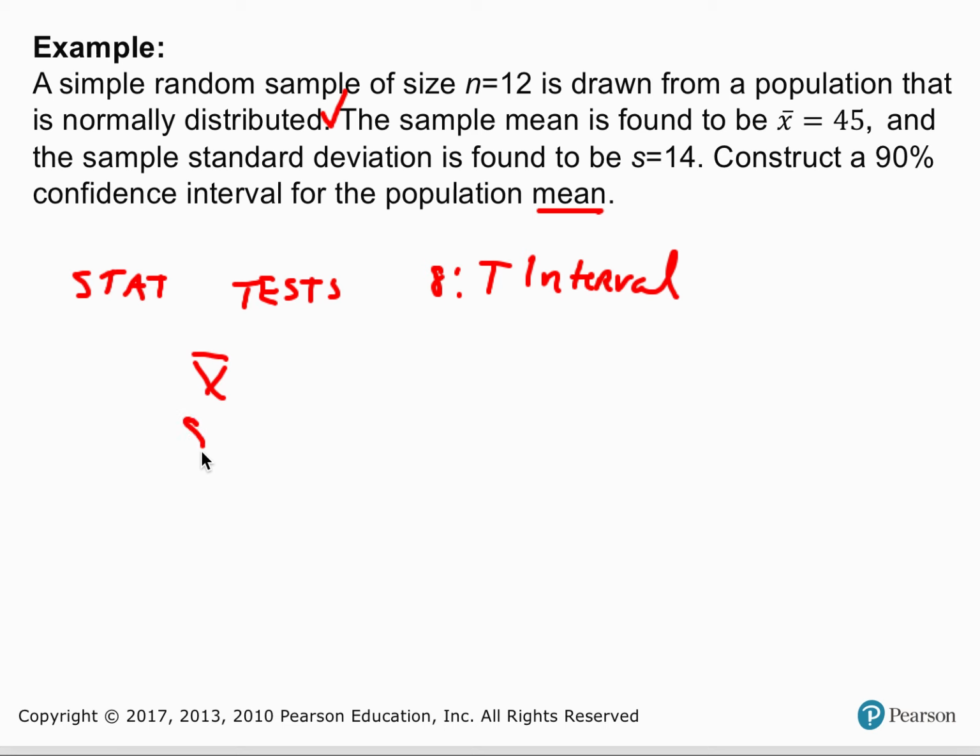X bar, standard deviation of X, n, C level. So X bar, 45, standard deviation, S, 14, sample size is 12, and we want our confidence level to be 0.9. So let me enter that.